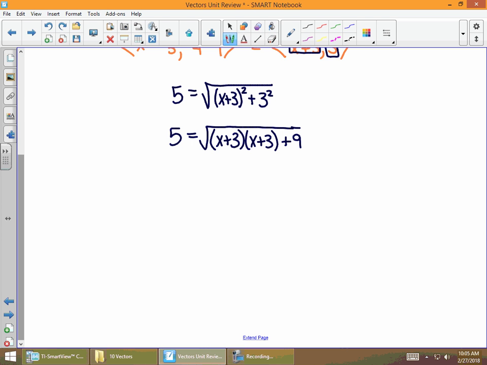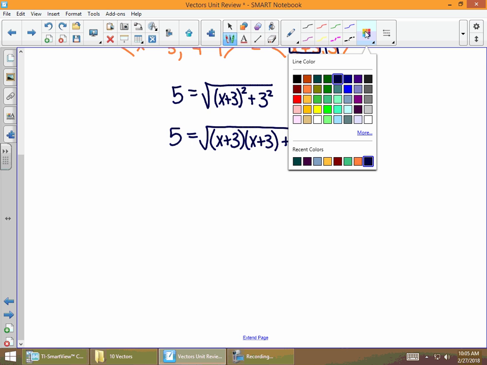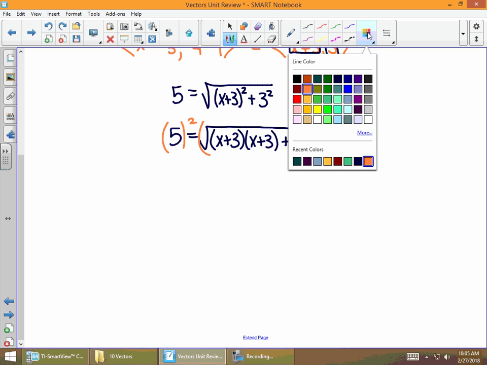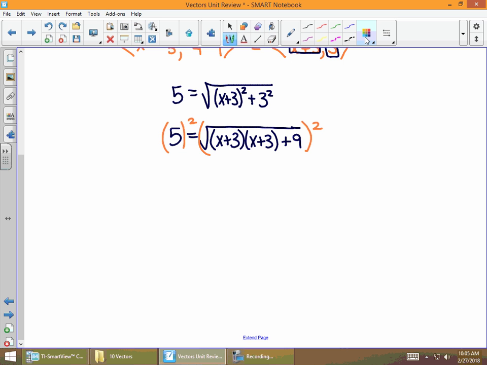It's really tempting to lose that middle term when you're squaring a binomial. Now, it is legal for us in this context to square both sides. Whatever we do to one side of the equation, as long as we do it to the other, it's cool. And here, to get rid of that radical, that's what we have to do. So 5 squared is 25, and that cancels our radical.